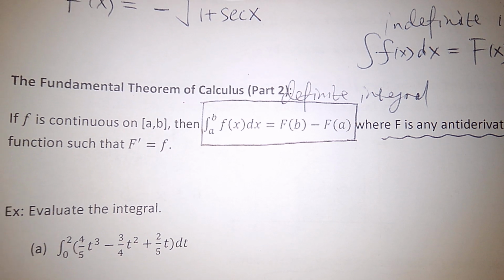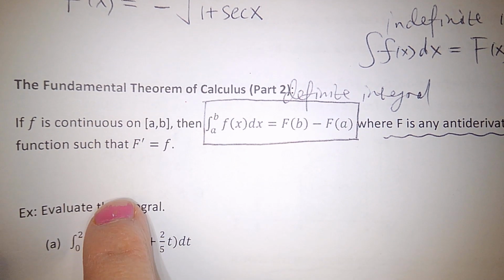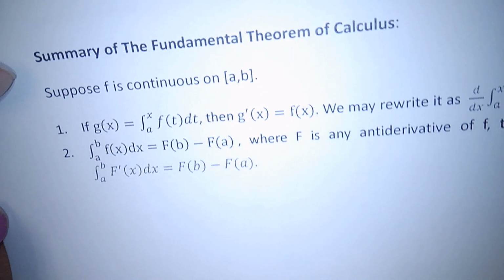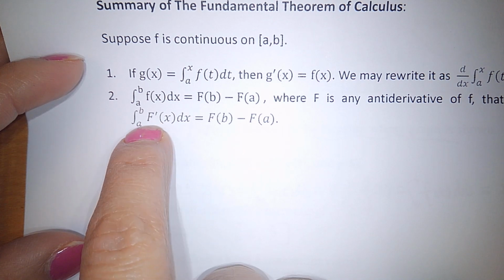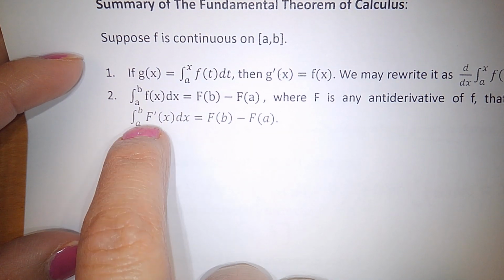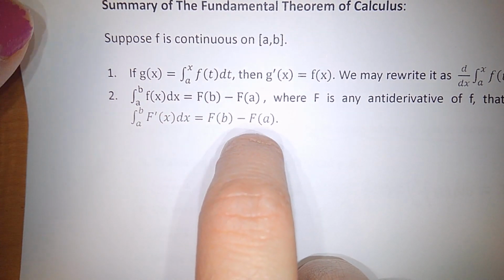Remember from part 1, we integrate first, then we differentiate, right? Well, this one is, we differentiate first, then we integrate. We will get the original function capital F back, okay?